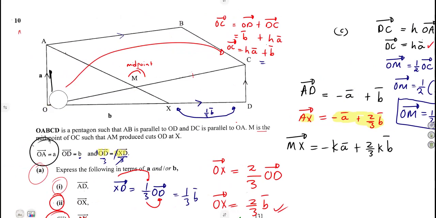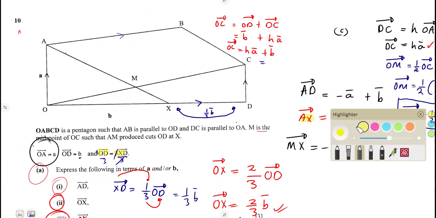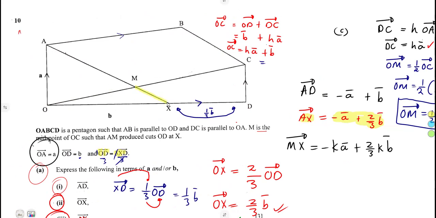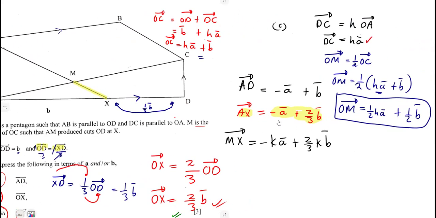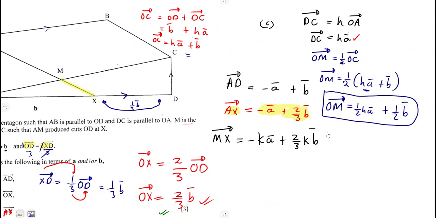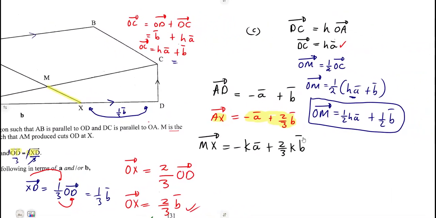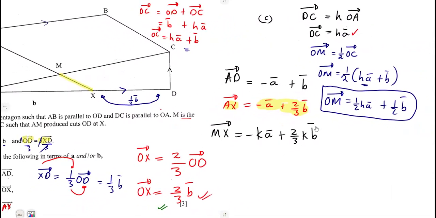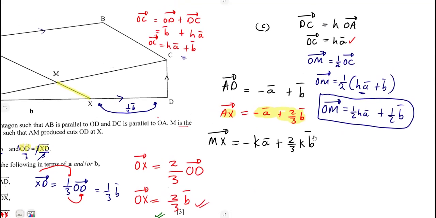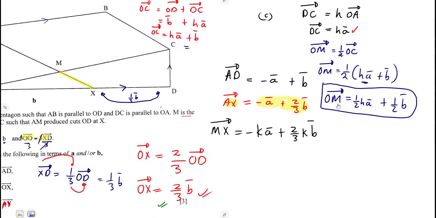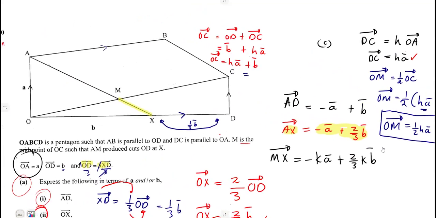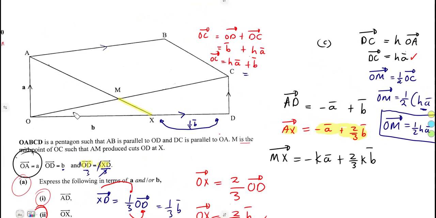Remember the concept is still the same: M is the midpoint, but this time we need MX, from M to X. To have it in terms of h, we must include what we have, OM in terms of h.